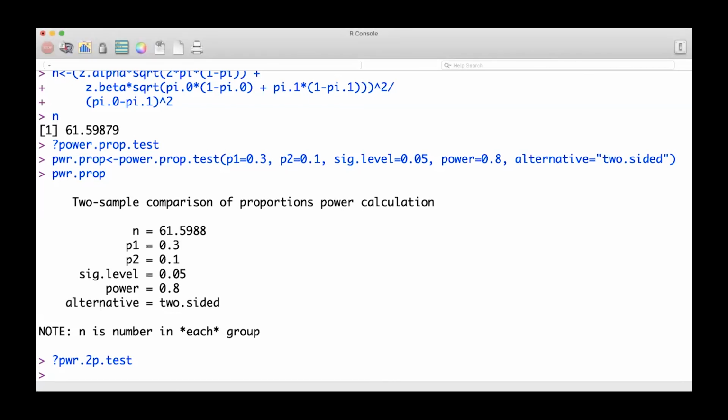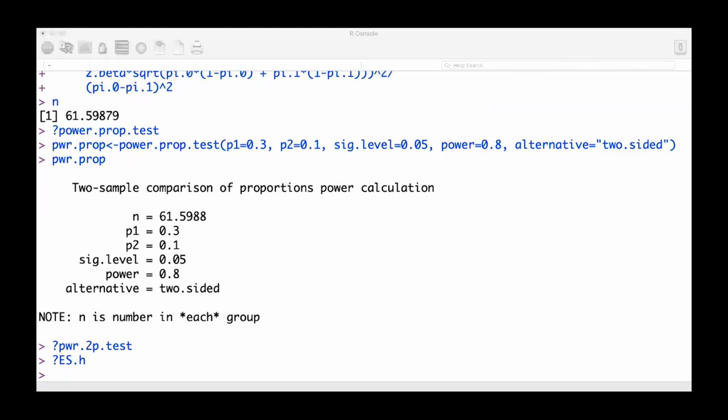All right, to calculate the effect size, there is a function called ES.h, and you pass to it the null and alternative proportion. All right. So what we're going to do is just do this all together, and I'm going to call this power prop 2. Okay, so the first one is using the basic stats package. This one is going to be using our pwr function.